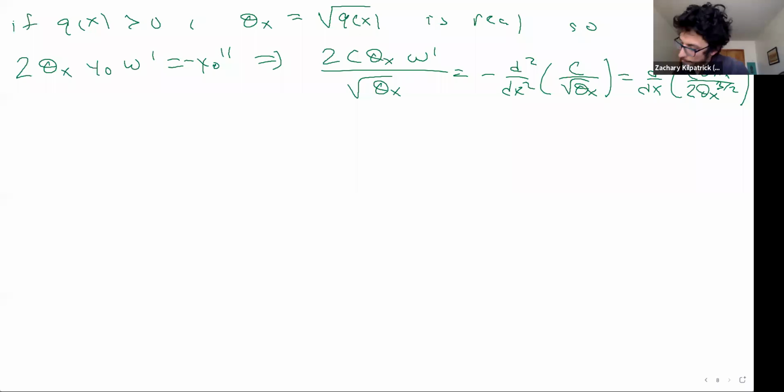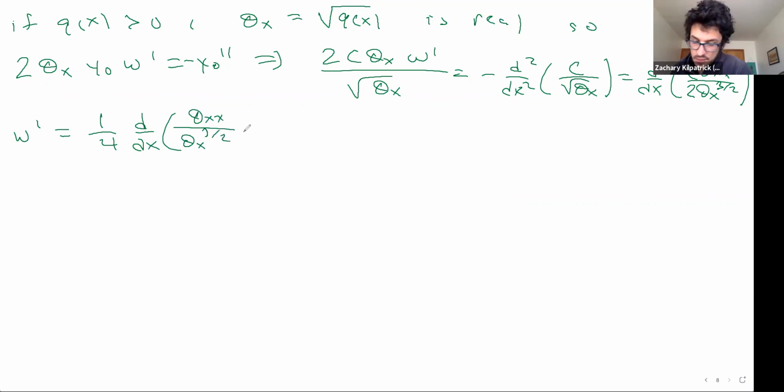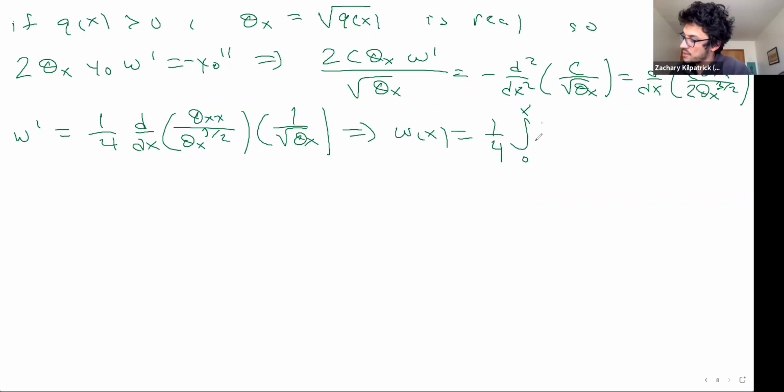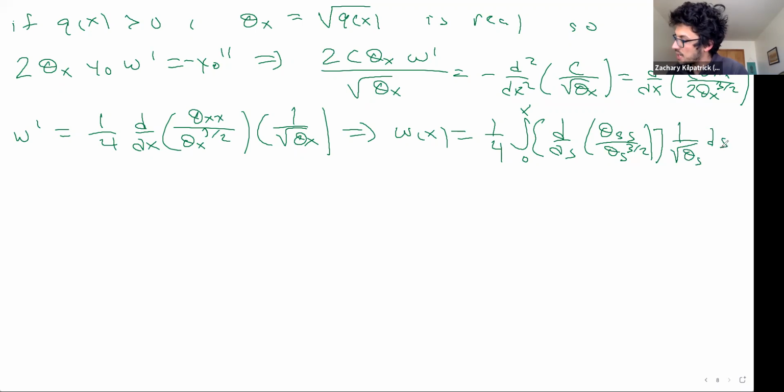W of x then is given by w prime equal to a fourth d dx of theta_xx over theta_x to the 3 halves, times 1 over square root of theta_x. This implies that w of x is equal to 1/4 the integral from 0 to x of d ds of theta_ss divided by theta_s to the 3 halves, times 1 over square root of theta_s, ds, plus w of 0.